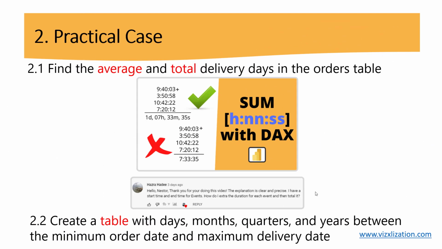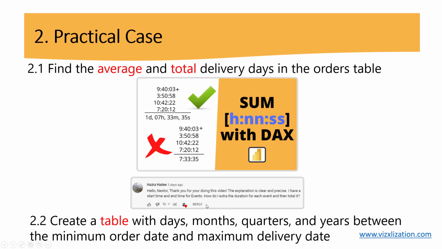Practical case, two questions. The first question, I am actually solving one of the questions that I got in one of my tutorials. I worked on this tutorial a few months ago. It's about how to sum hours, minutes, and seconds, the right way, of course. So the question that we have here is, find the average and total delivery days in the orders table.